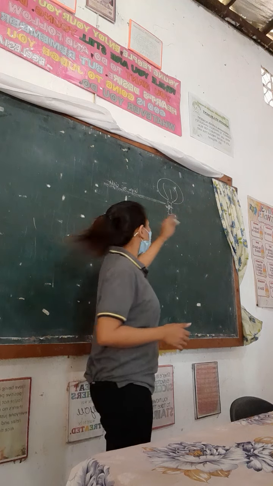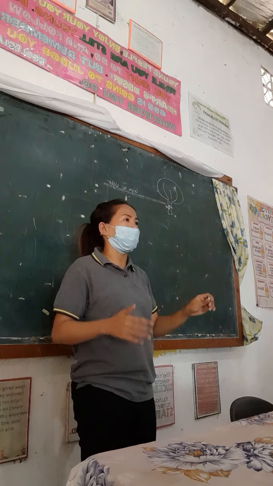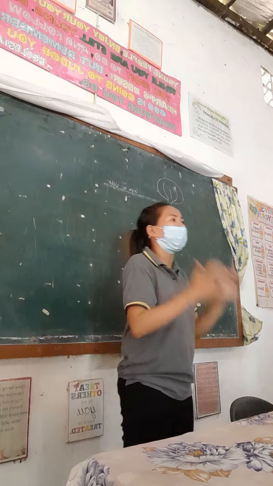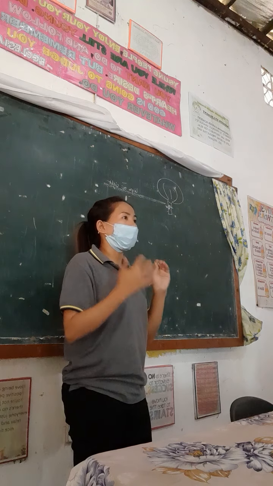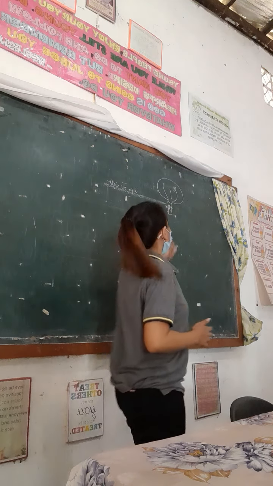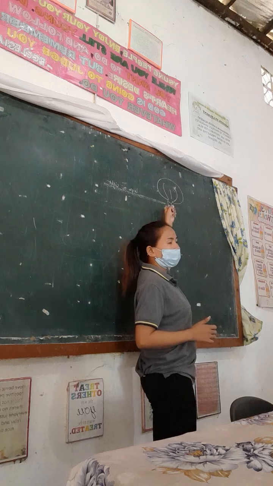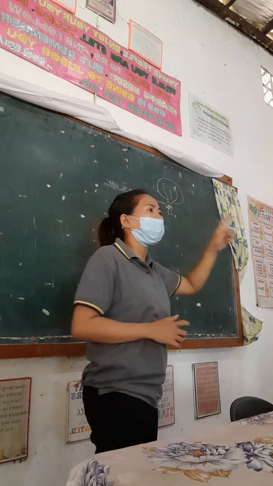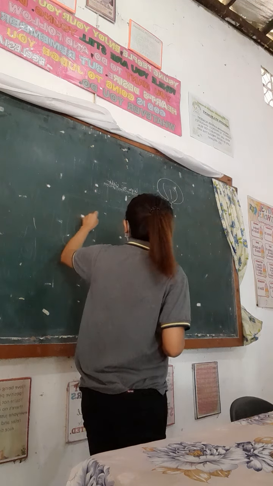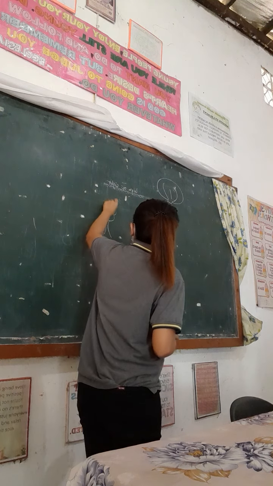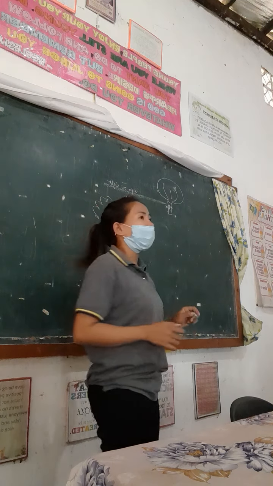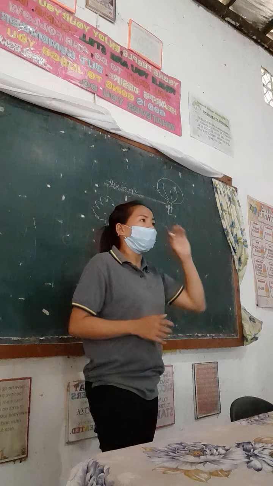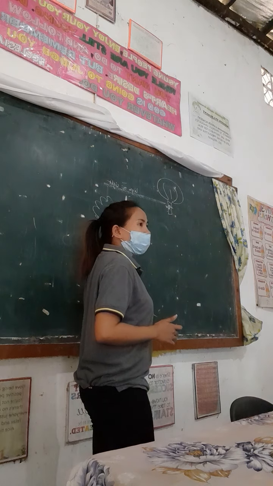By the way, we can determine the angle from the line of sight going to the object that you are observing. So say for example, from the parachute here, Raisa was looking at the tree below. So we are to determine the angle from Raisa going to this tree.